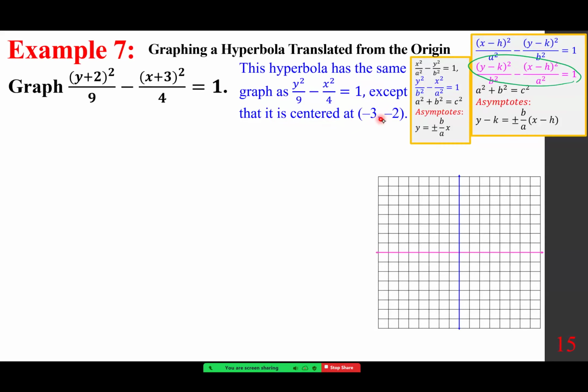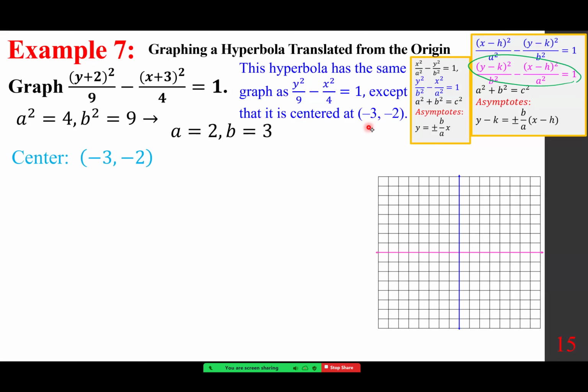That means 3 units to the left, 2 units down. That's the meaning of this. When the center is this, that means 3 units to the left, 2 units down. All right, so a squared is 4, b squared is 9. It makes a 2, b 3. And as I mentioned, the center is given.